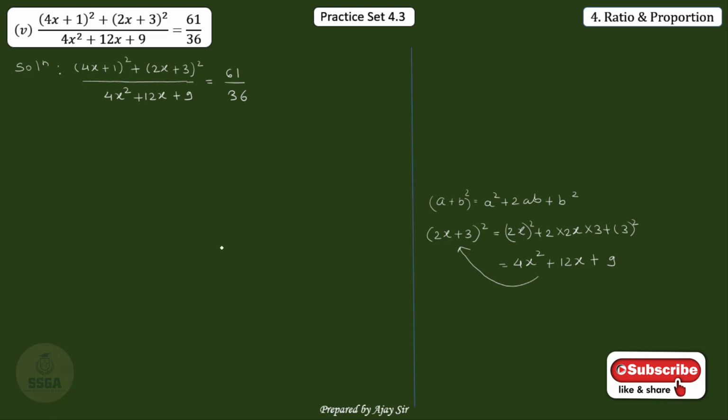Now instead of this full term, we are writing (2x+3)².